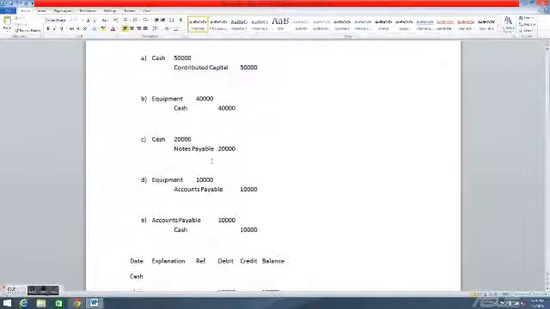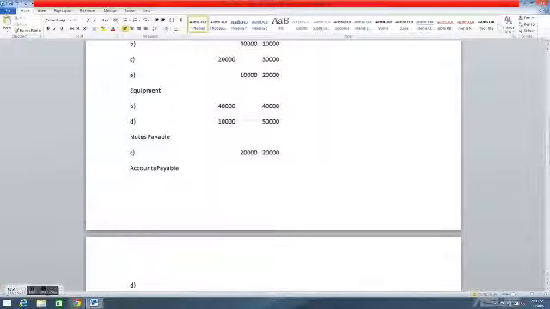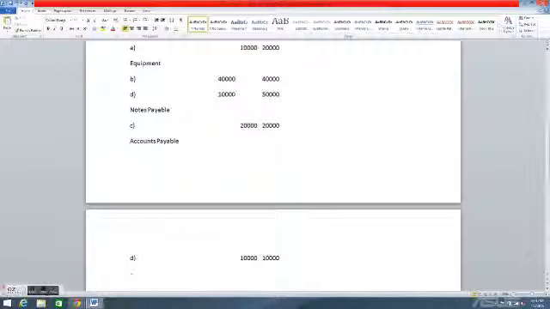Now for our accounts payable account, in transaction D it was credited $10,000, making our balance after that transaction occurred $10,000, and then in transaction E it was debited by $10,000, which makes our ending balance in that account 0.